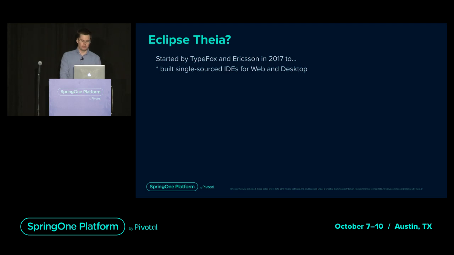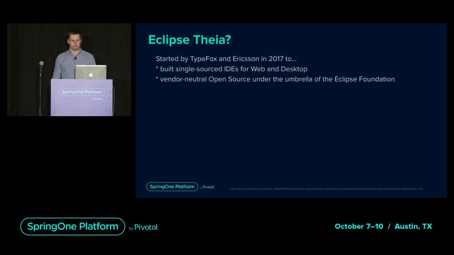So we wanted to have something like VS Code, but we were not quite happy with VS Code because we wanted something that runs on the web and on the desktop, so that when you build an IDE you can do single sourcing. We wanted it to be vendor neutral open source. VS Code is open source, but is controlled by Microsoft. For other large companies, it often is important that they make a larger investment safely.